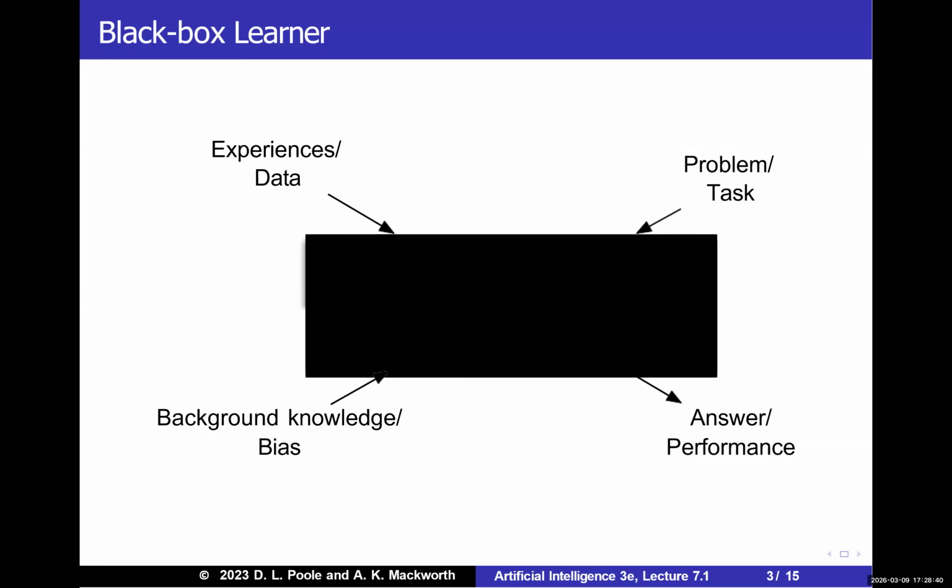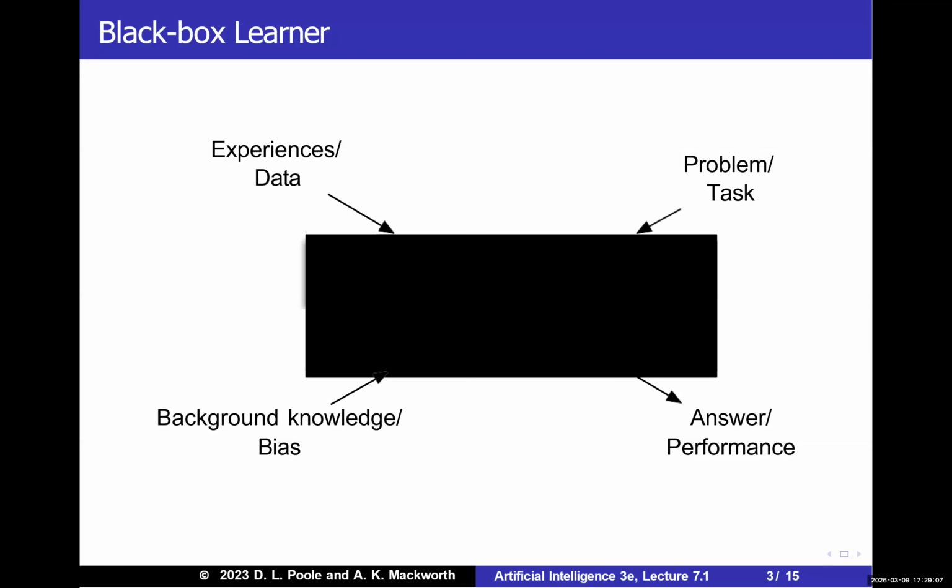The learner is trained using experiences or data, which contain examples of the problem we are trying to solve. Once the learner has built a model, that model can be used by a reasoning component to answer questions or make decisions. For example, a trained model might analyze a new email and estimate the probability that it is a phishing email.